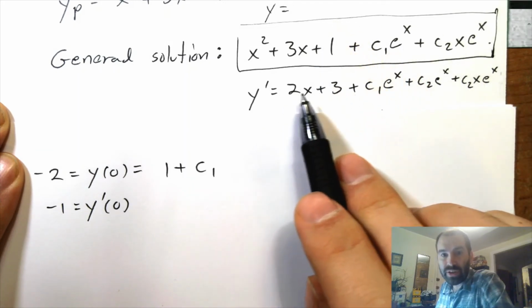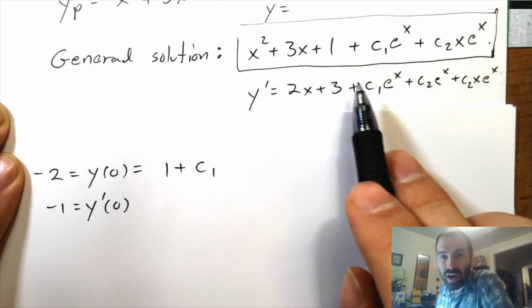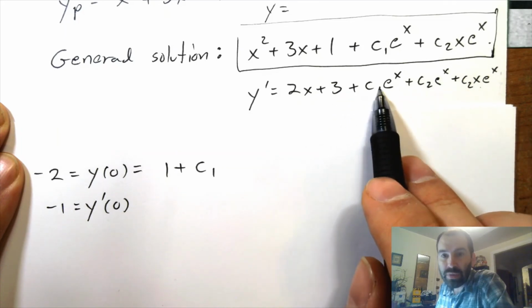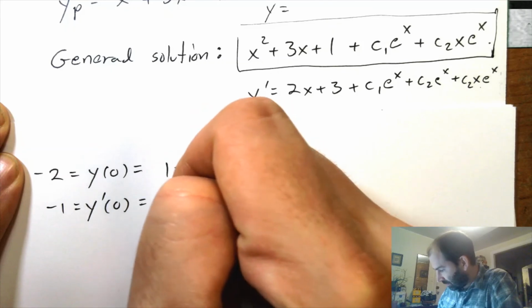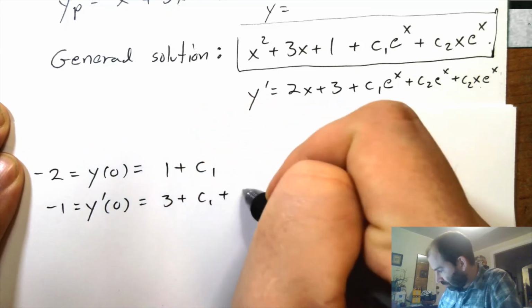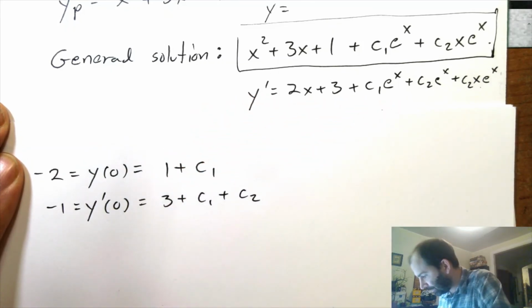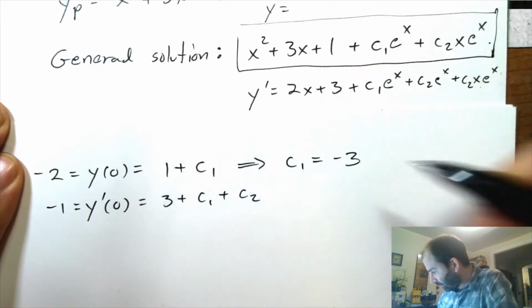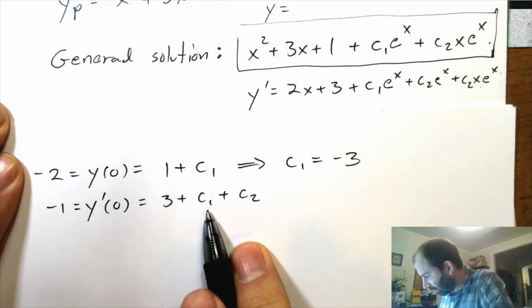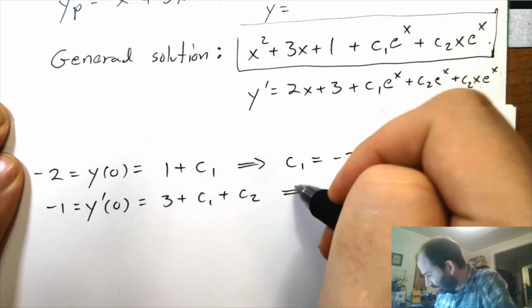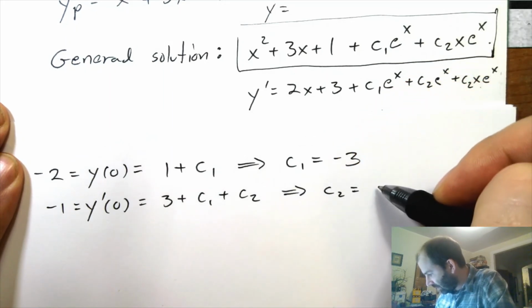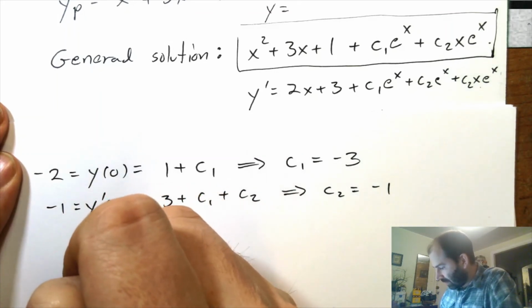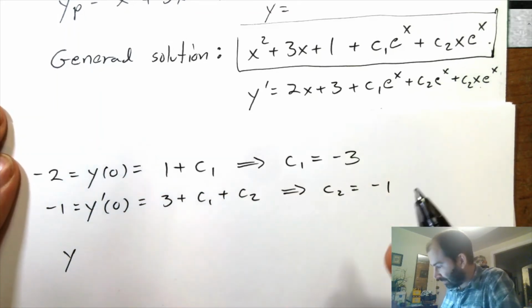But when I plug 0 in here, that's gone and that's gone. I get 3 plus c1 plus c2. Okay, so the first equation tells me that c1 is equal to -3. Plug it into the other one, I see that c2 has to equal -1. And so there is my solution to the initial value problem.